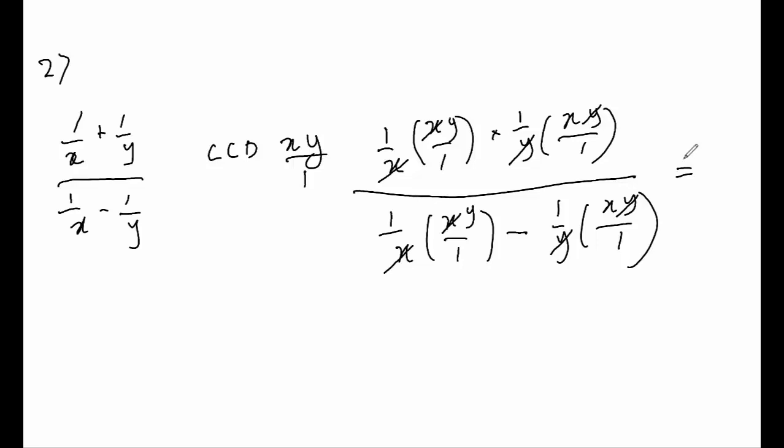Well, after I do that, I end up with y plus x on the top. This is a plus sign. Let me just make that very clear. And then on the bottom here, I have y minus x.